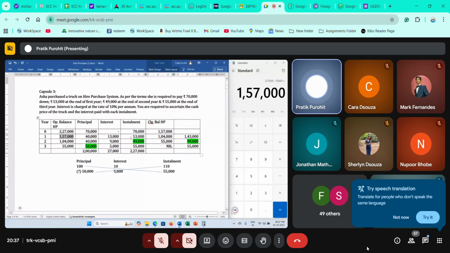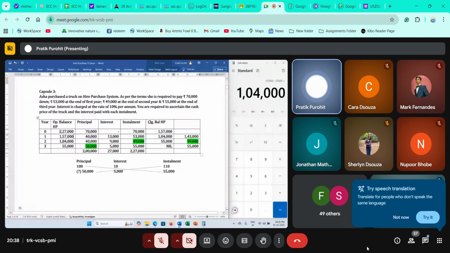Then you are making an installment of 53,000. So 157 was balance, you made 53,000 payment, so closing hire purchase price becomes 104, which comes over here. Correct?